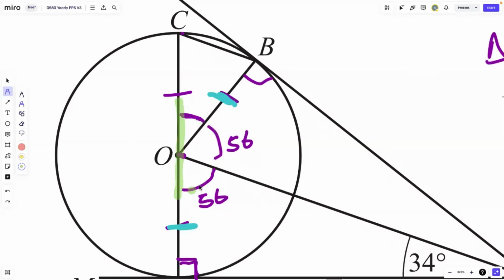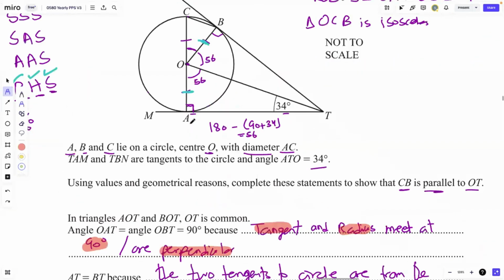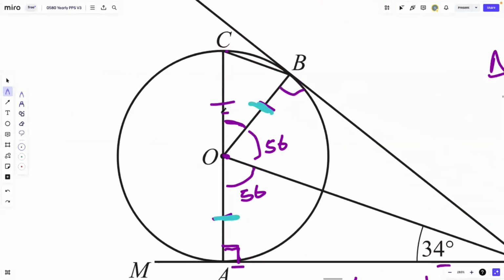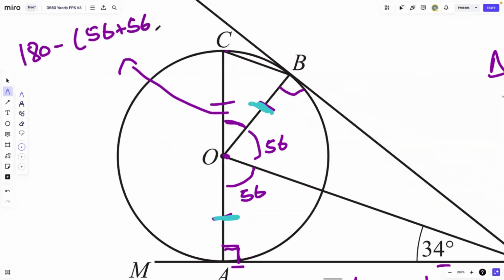We already know the two portions of it are 56 and 56. So if we subtract them from 180, we get the remaining portion. Let's calculate this here. It's going to be 180 minus 56 minus 56. That's 112, and that should be 68.